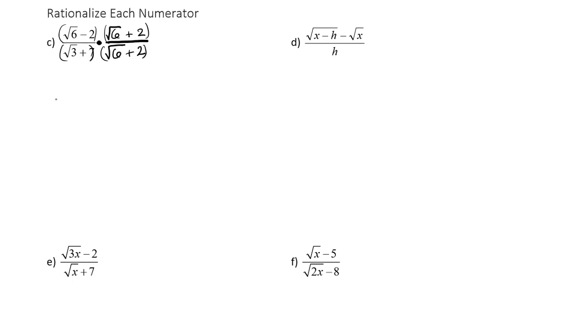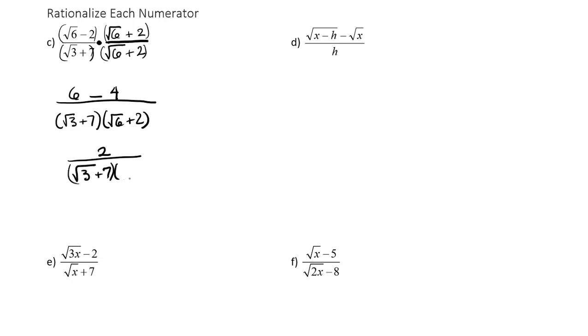The denominator is not going to look any better once I distribute or FOIL that binomial set, so I'm just going to rewrite it as root 3 plus 7 times root 6 plus 2. In the numerator, I'm going to have 6 minus 4. This simplifies to 2 over root 3 plus 7 times root 6 plus 2.